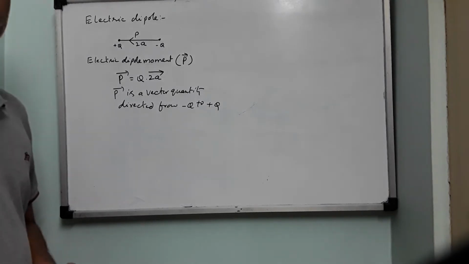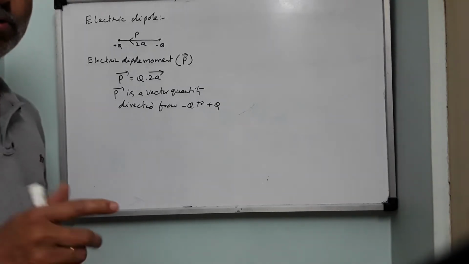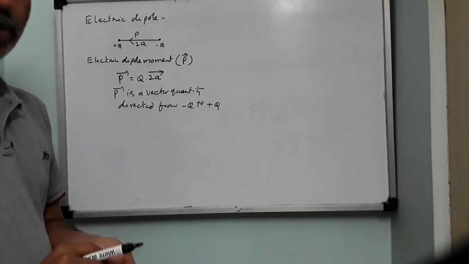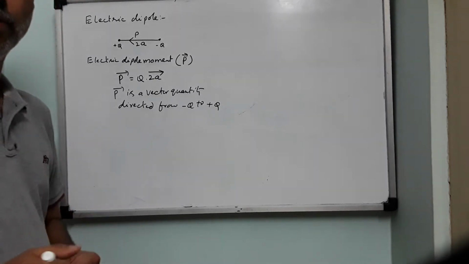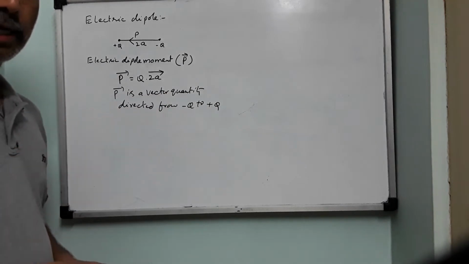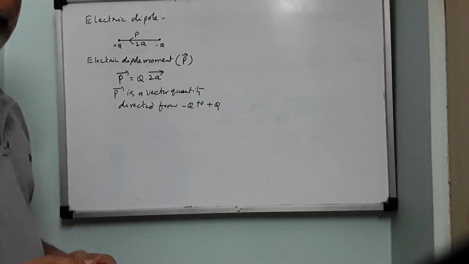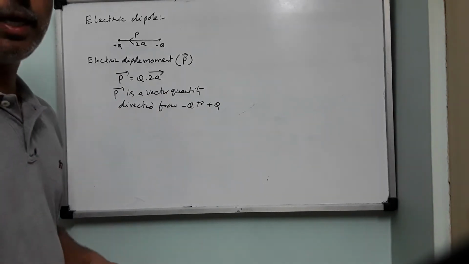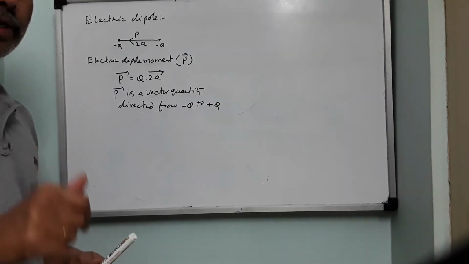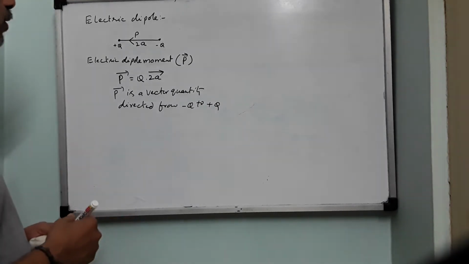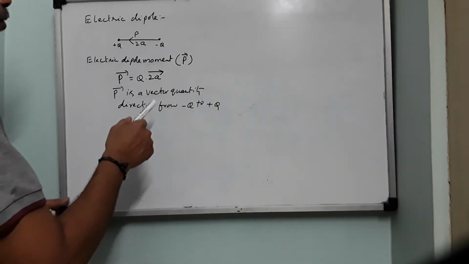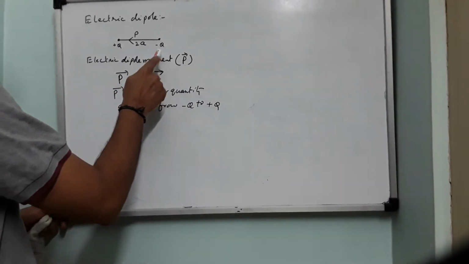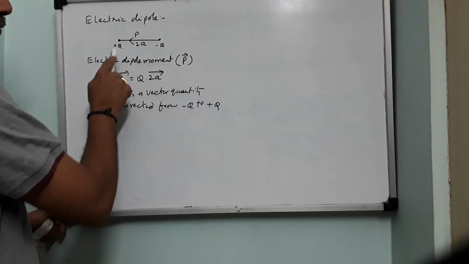In order to satisfy certain rules that we have studied in class 11th about the right hand screw rule, like tau equals r cross p, v equals omega cross r, l equals r cross p, they are all vector rotation rules. In order to satisfy them, we have given the convention for electric dipole moment to have the direction from minus q to plus q.